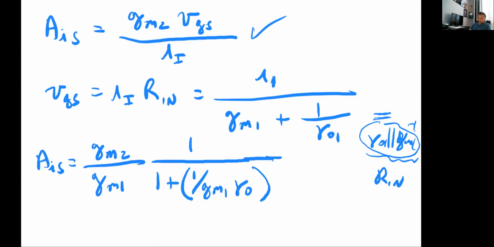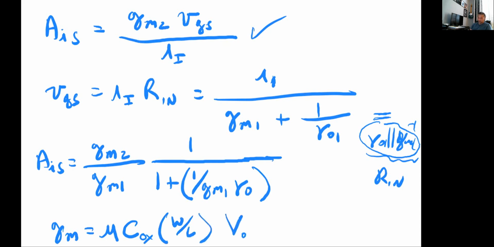Next we're going to recall what gm is. gm is the mobility, the capacitance of the gate oxide, times the width to length ratio, times the overdrive voltage.